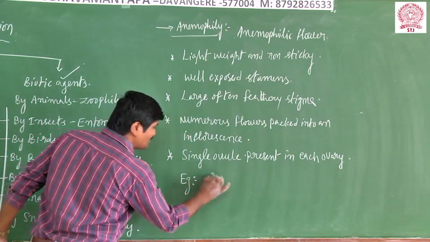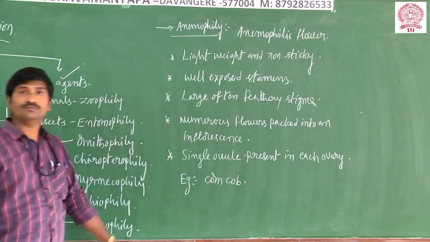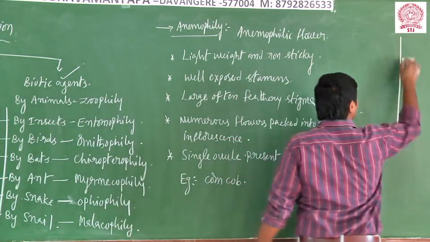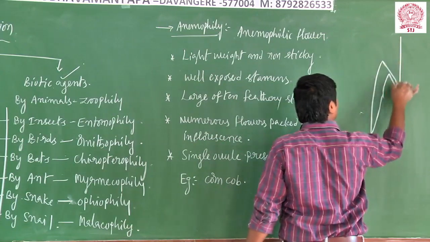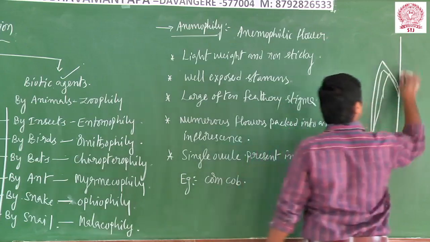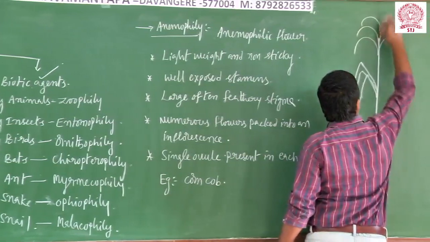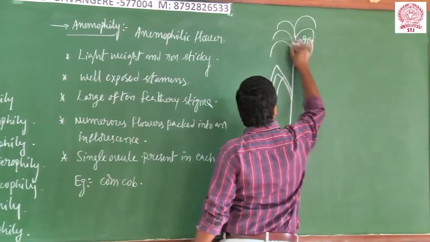One more best example, corn cob. To take the best example, this is a maize. This is a male inflorescence.